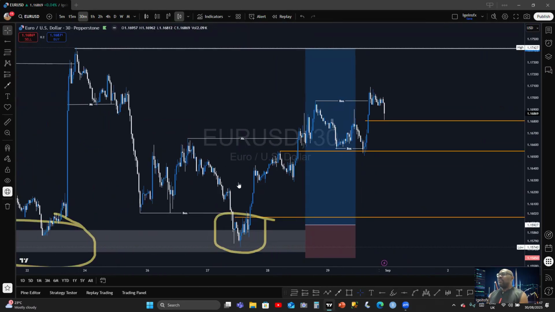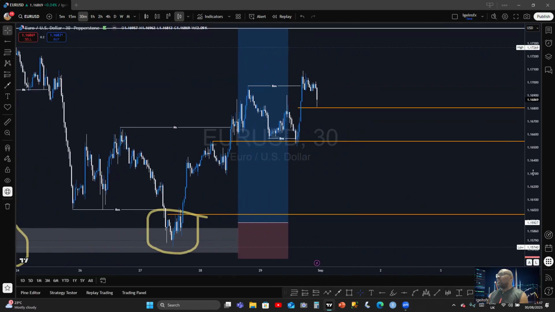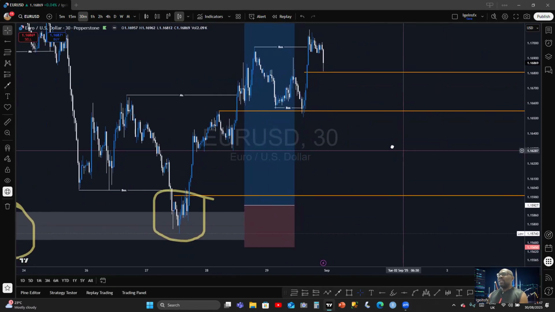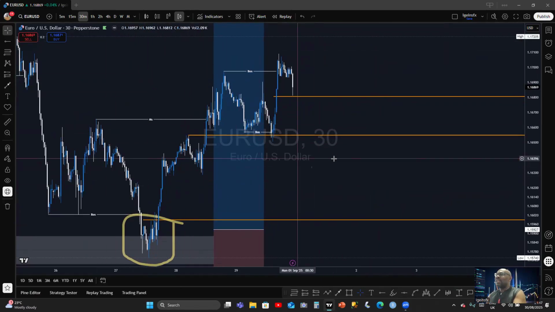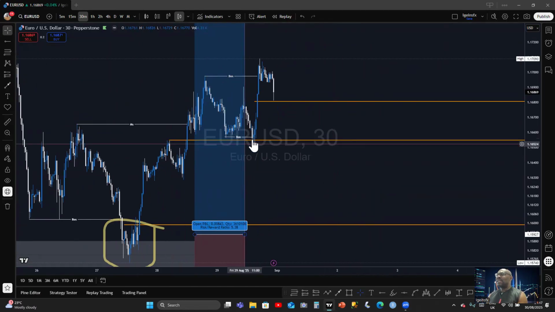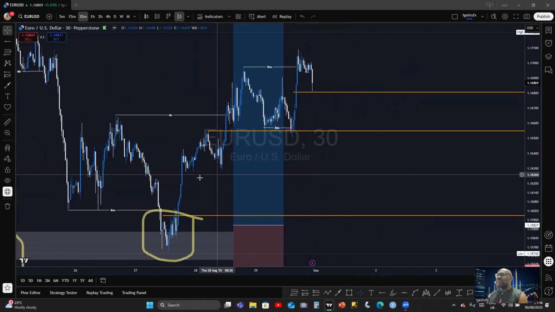You see, even if I am trading on 30 minutes, I am still using that 4-hour structure that I have already marked. I know that this is my resistance, but this is my support level. This one here is my support level.